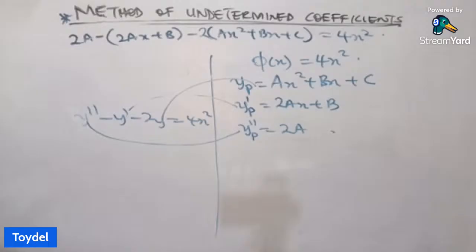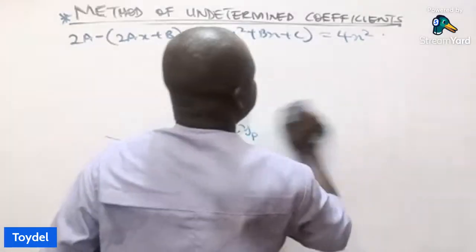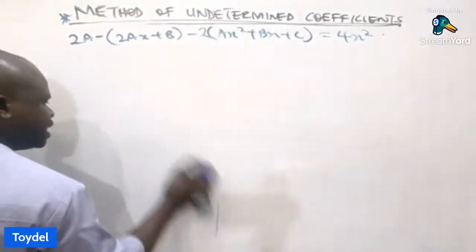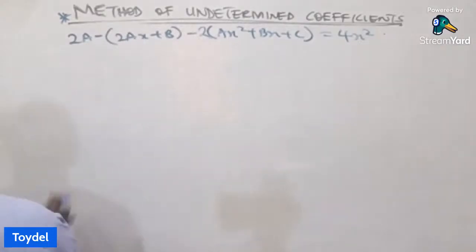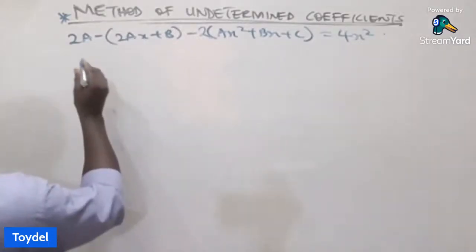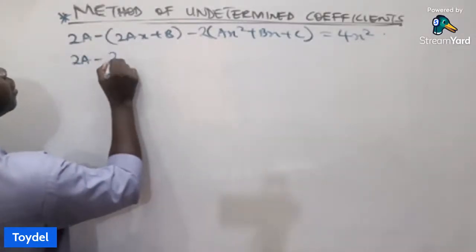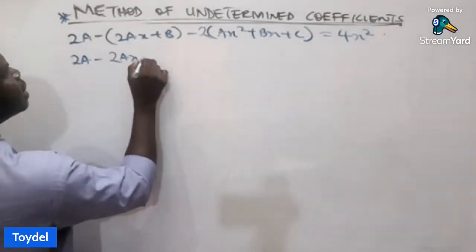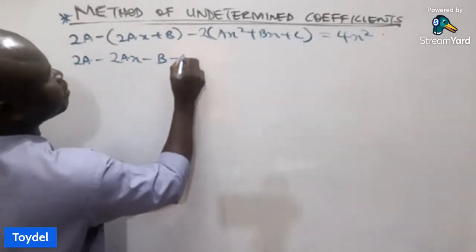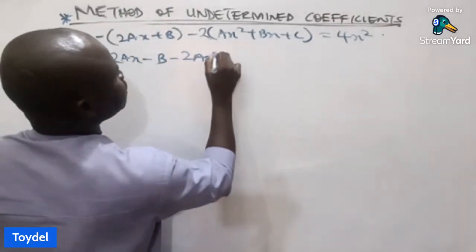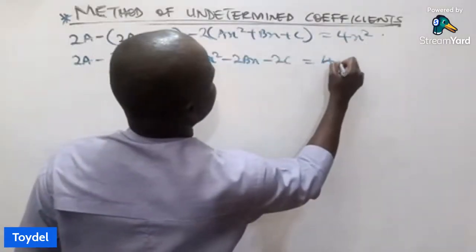Then I will now open up. Once I'm able to find the values of a, b, and c, that will represent the solution. So here I'm going to have 2a minus, I can open up directly, 2ax - b - 2ax squared - 2bx - 2c is equal to 4x squared.